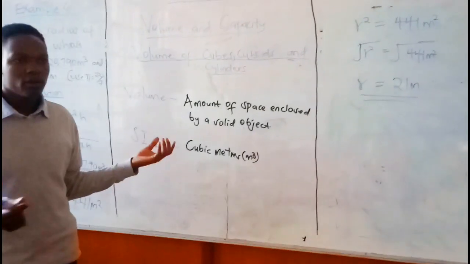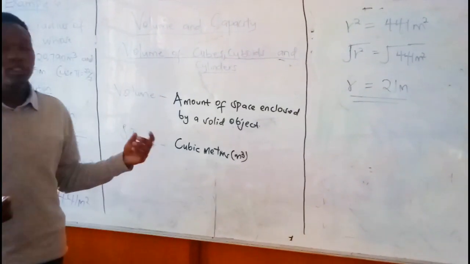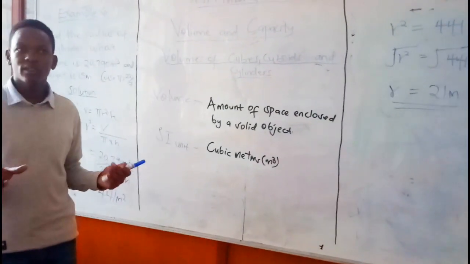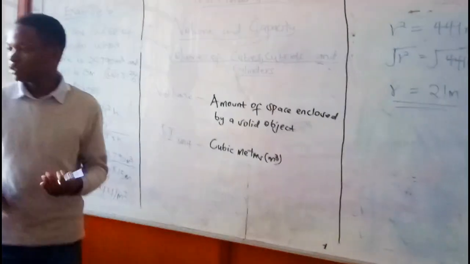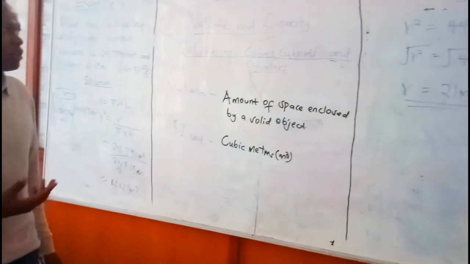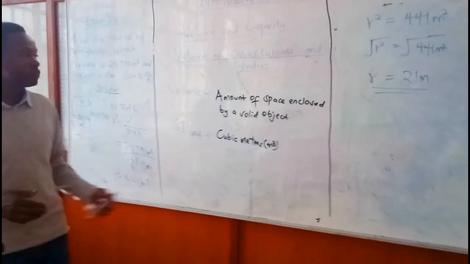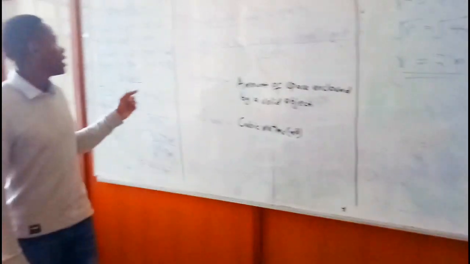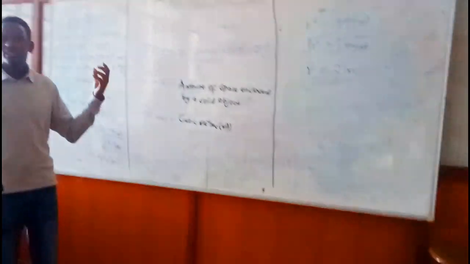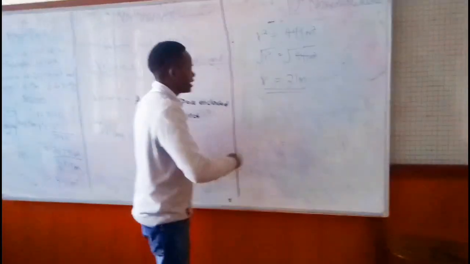And we've also learned about the SI unit of volume, which is meters cubed, and also other units to measure volume, which include the millimeter cubed, the centimeter cubed, and many others. And also we've solved a lot of problems involving volume of cubes, cuboids, and cylinders. So between now and our next class, we have an assignment.